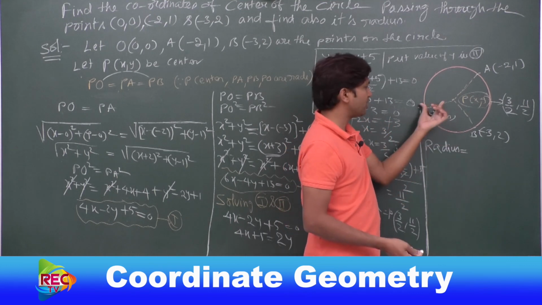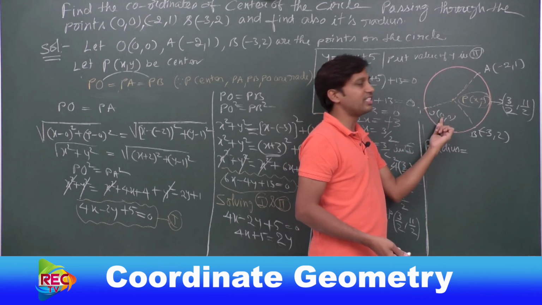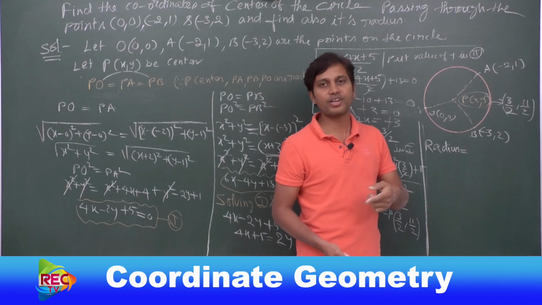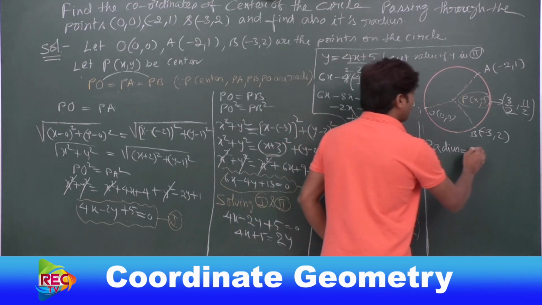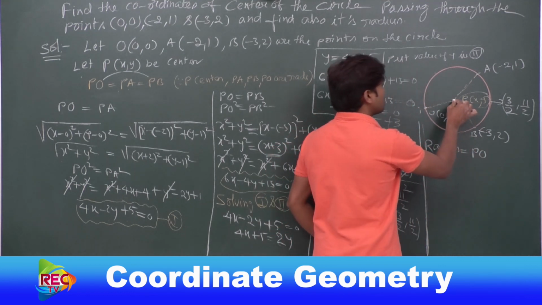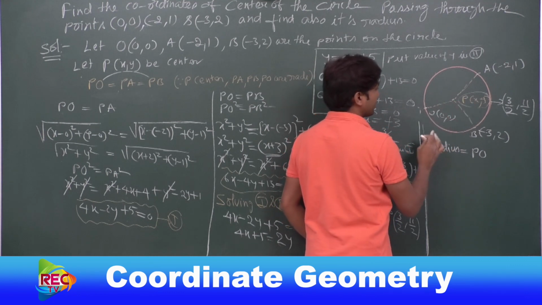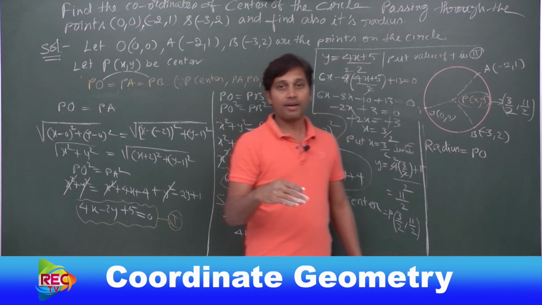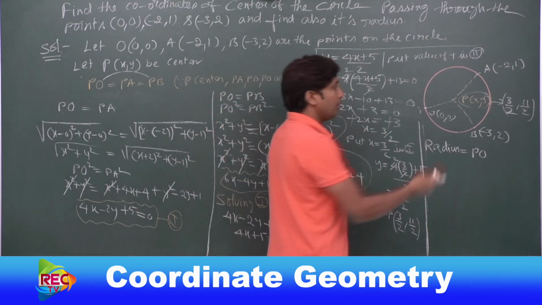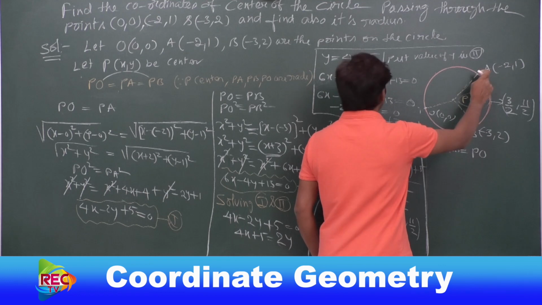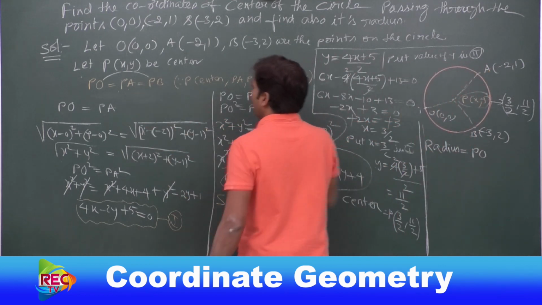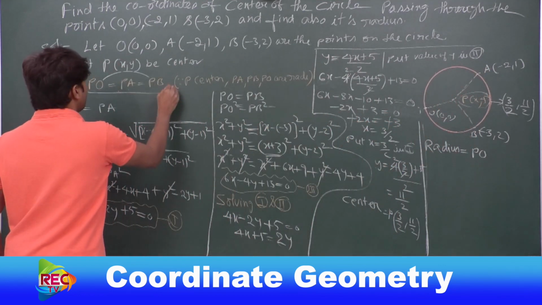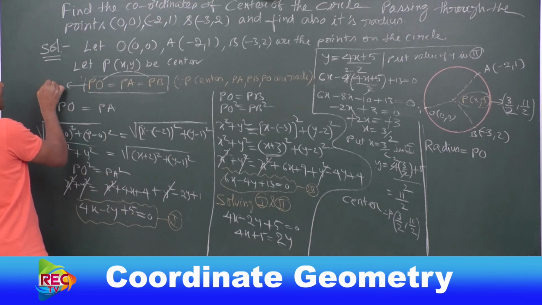I am taking it because it's very simple, because we have coordinates 0 and 0. It's very simple for calculation. So anyways, we can write PO, or not. Distance between P and O is the radius. You can take PB or PA; you will get the same answer. Okay, after this video you can try it. PO or PA or PB, all are equal, no? These all are radii.